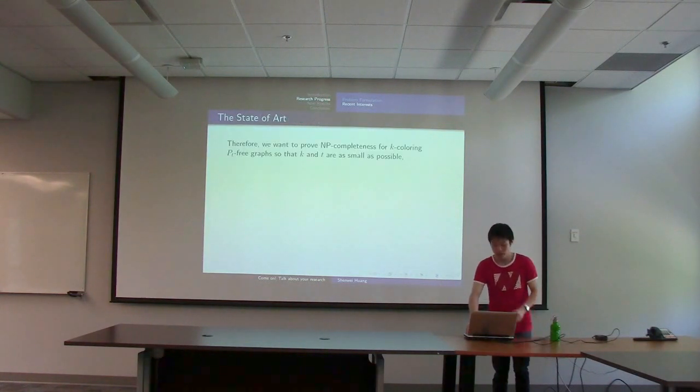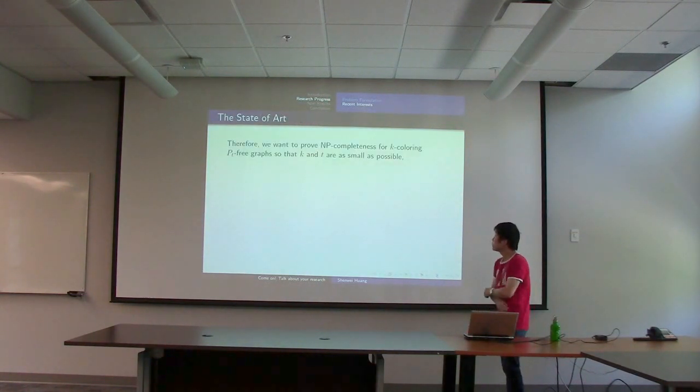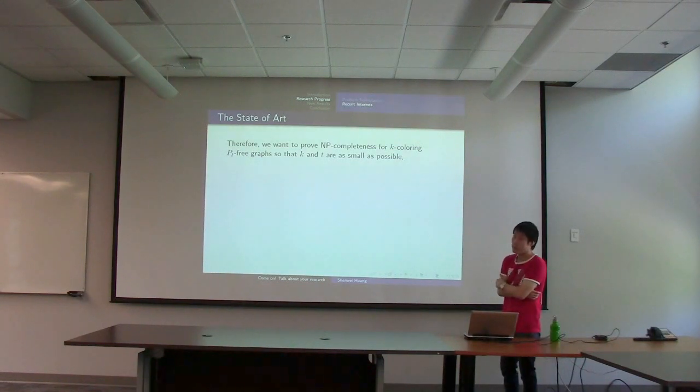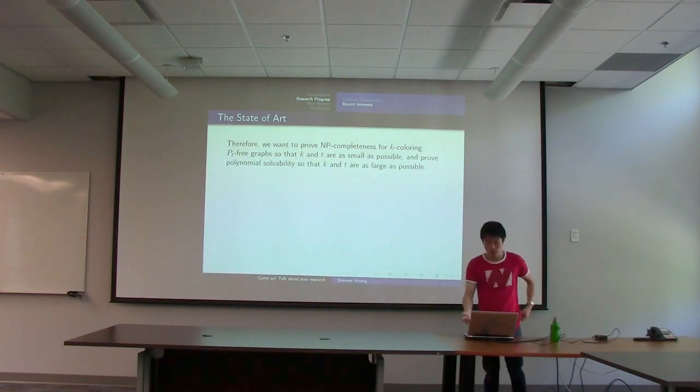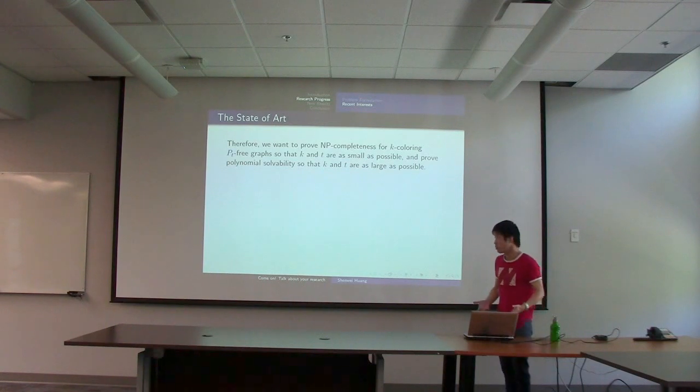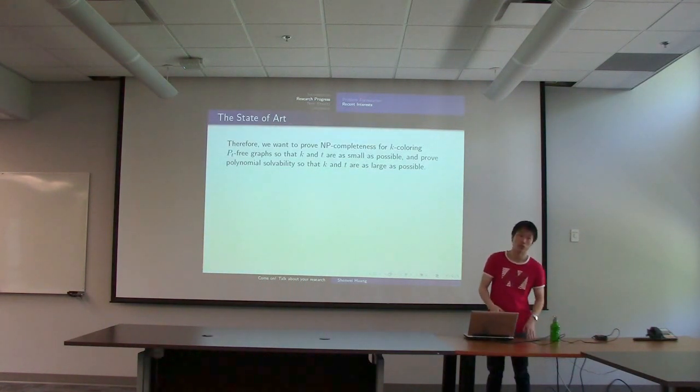So based on that, if you want to prove NP-completeness for K-coloring P_t-free graphs, we want K and t to be as small as possible. The smaller K and t are, the stronger your NP-completeness results are. And similarly, if you try to prove polynomial results, then the larger K and t are, the stronger your results are.